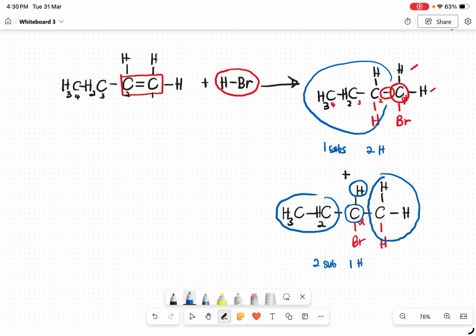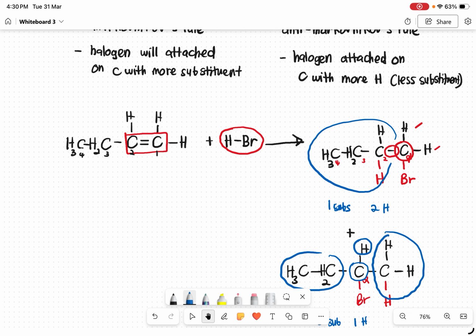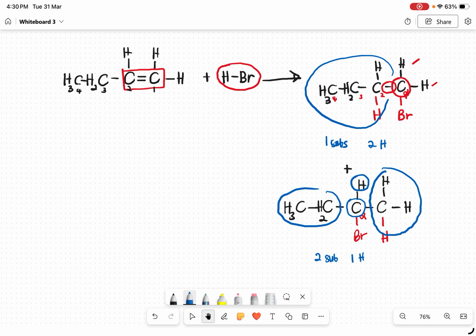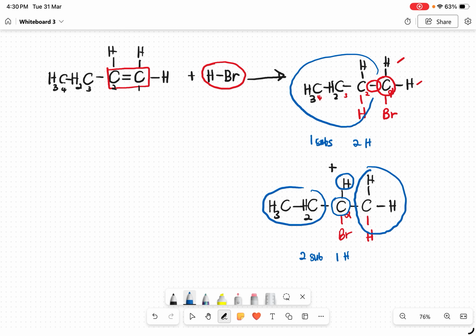So which one follows Markovnikov's, and which one follows anti-Markovnikov's? Again, halogen will attach on the carbon with more substituents. So this follows Markovnikov's rule, and the other product will be anti-Markovnikov's rule. That is how you identify it.